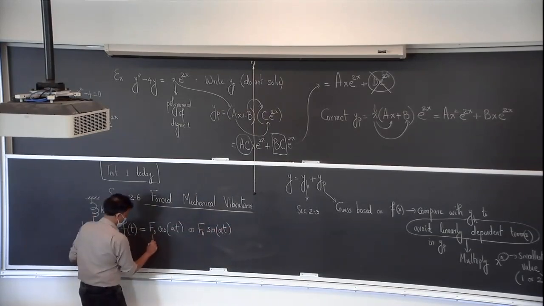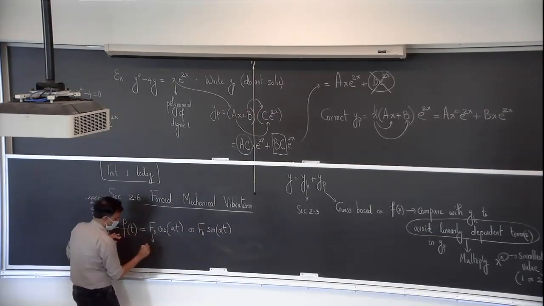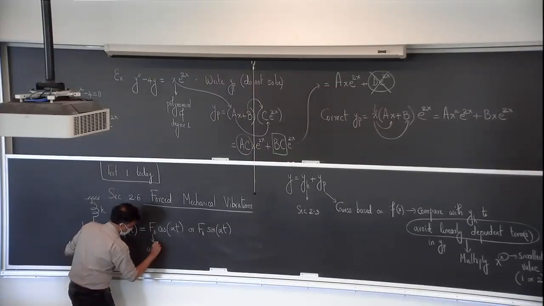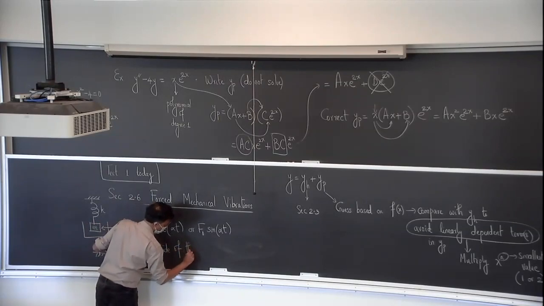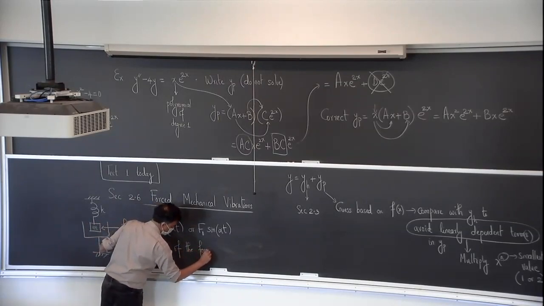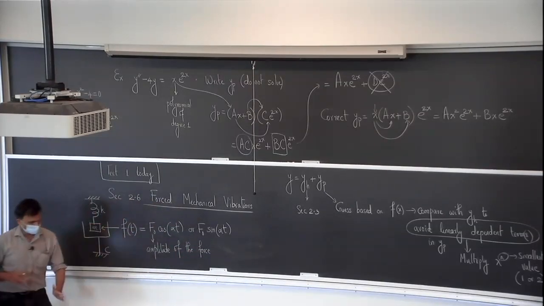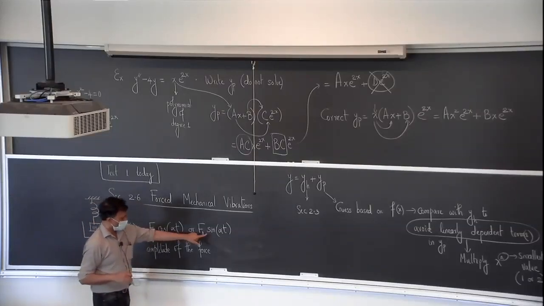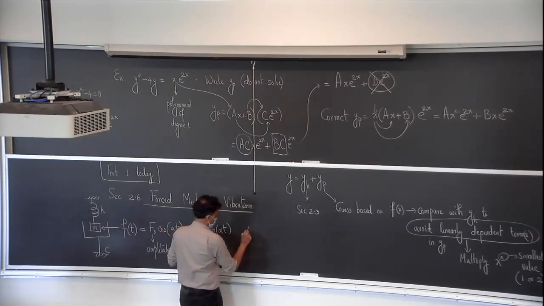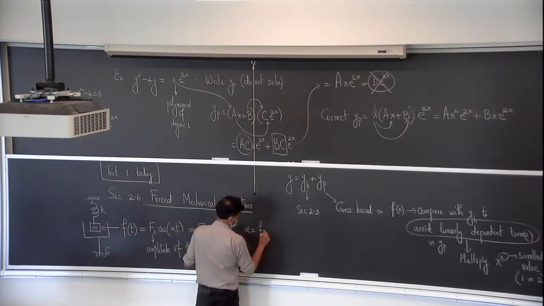F naught is the amplitude or the magnitude of the external force. So it tells you how strong the force is, but then the force is going to be kind of up and down in magnitude because of this cosine or sine function, and alpha is the frequency of the external force.